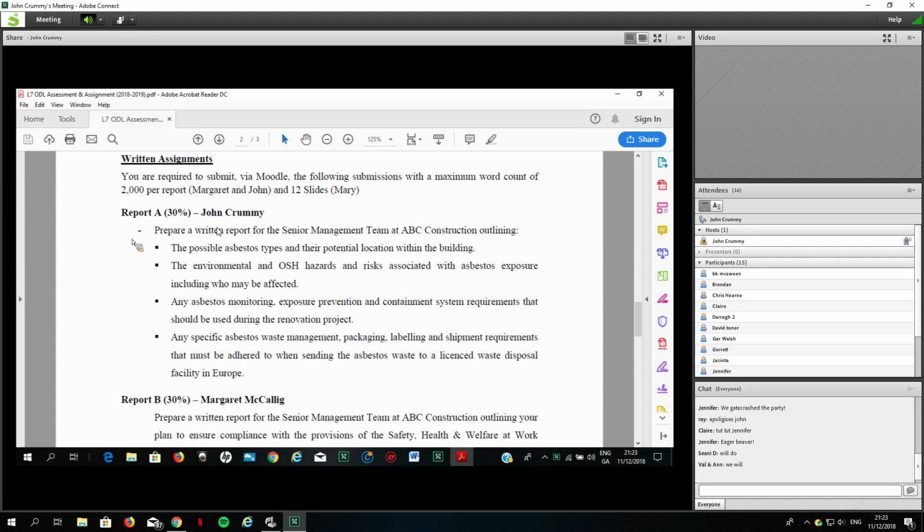The HSE UK website also has very good information on asbestos containing materials. It even gives you an illustration of a workplace and shows you the typical locations where you might get asbestos, okay?